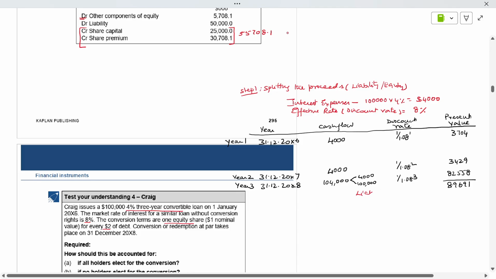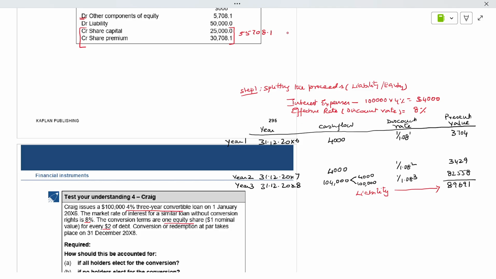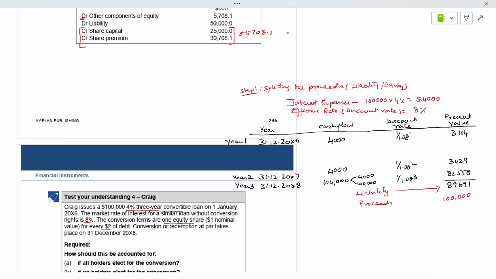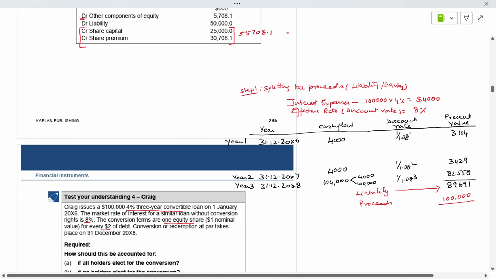This is going to be called the liability. How much are the proceeds? Proceeds are 100,000. Issue 100,000. Take the difference.